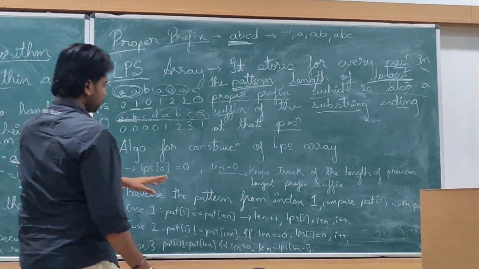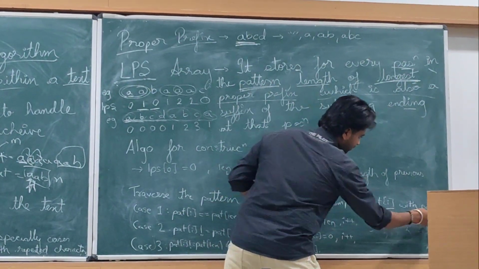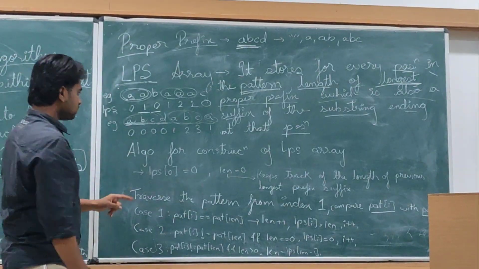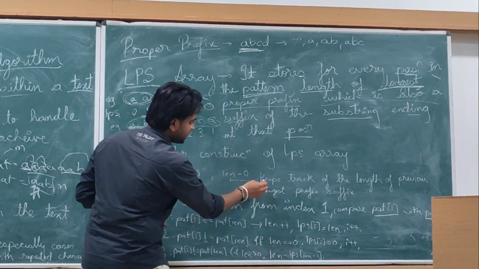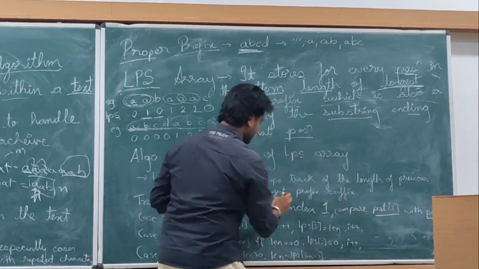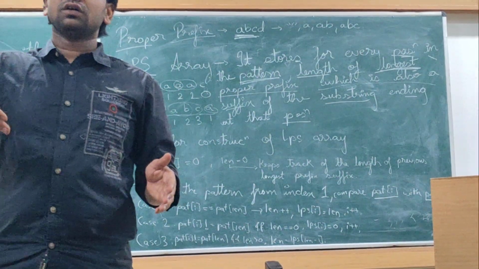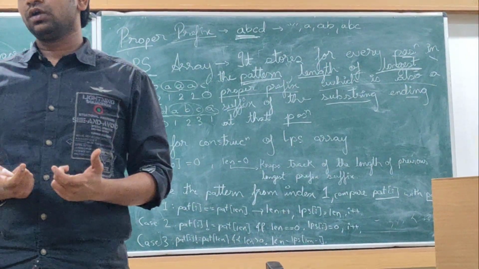And you compare pattern of i with pattern of length. What is length? Length is initially equal to 0 and it keeps track of the length of the previous longest prefix suffix, ताकि आप वो यूज कर पाओ.